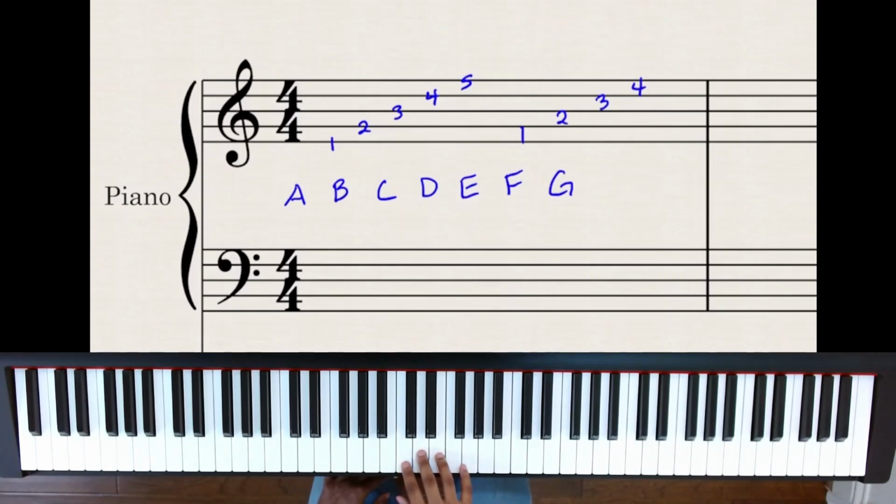So if you notice, as I go up the keyboard, the pitch gets higher. If I go down, the pitch gets lower. So to the left is a lower pitch, to the right is a higher pitch. Okay?